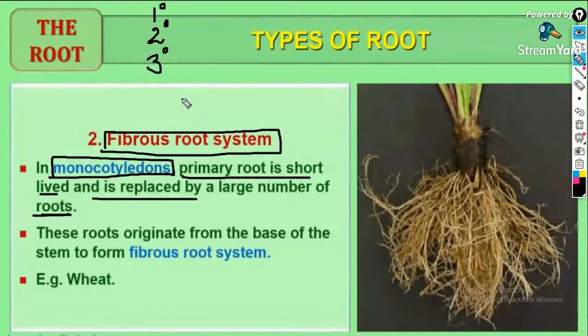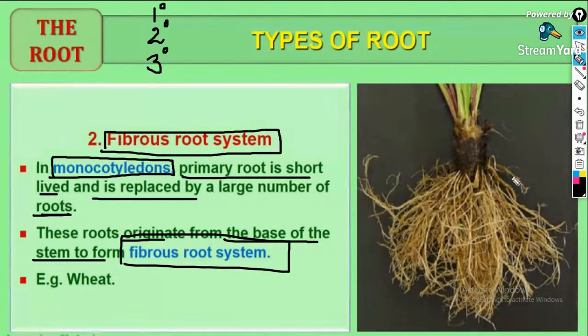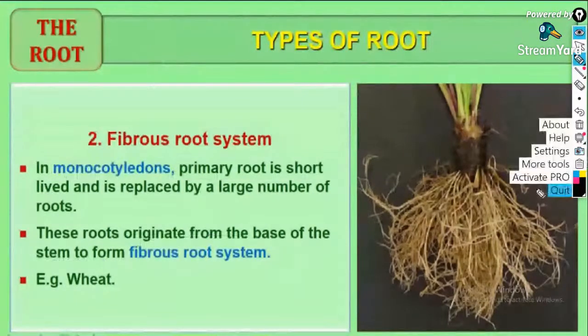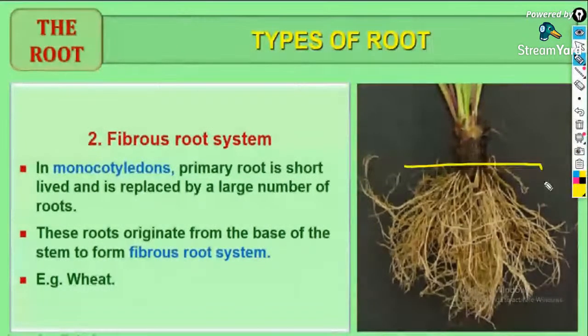That is, they are short lived. They will get disintegrated and are replaced by a large number of other roots. These roots originate from the base of the stem to form the fibrous root system. I hope no need of further explanation, clear with this wonderful diagram on the screen.